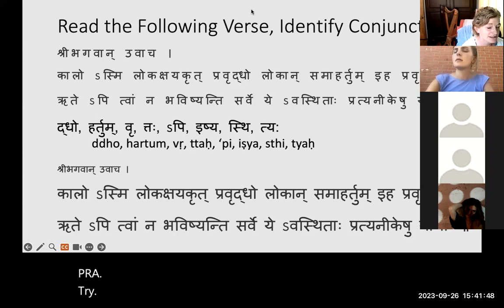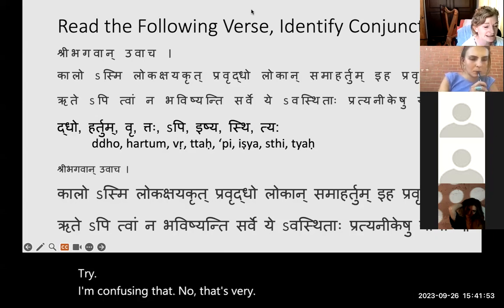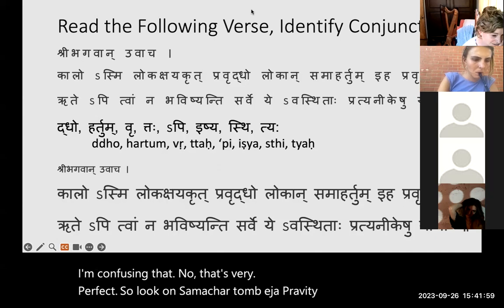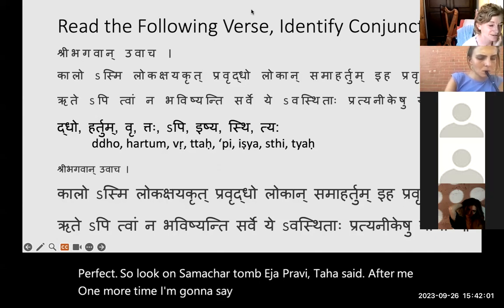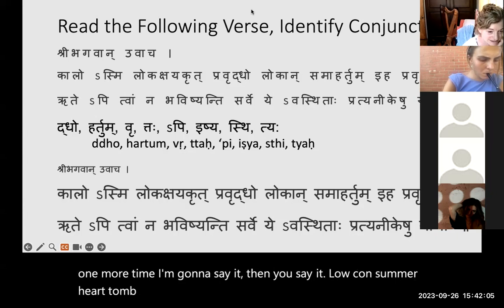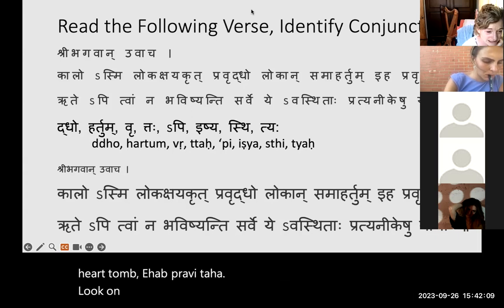Oh, I'm confusing that. No, that's pravritaha. Perfect. So: lokan samahartum iha pravritaha. I'm going to say it, then you say it. Lokan samahartum iha pravritaha.